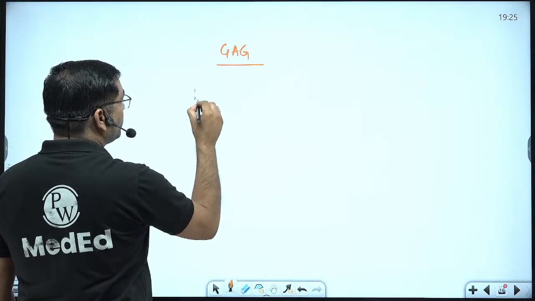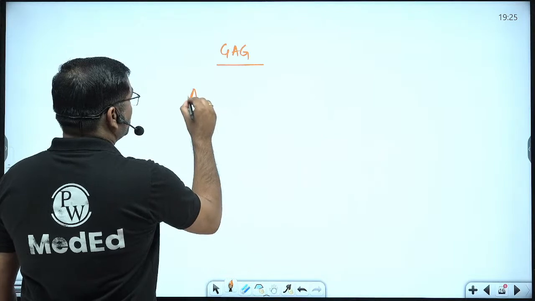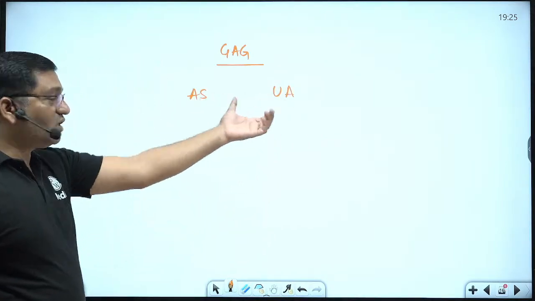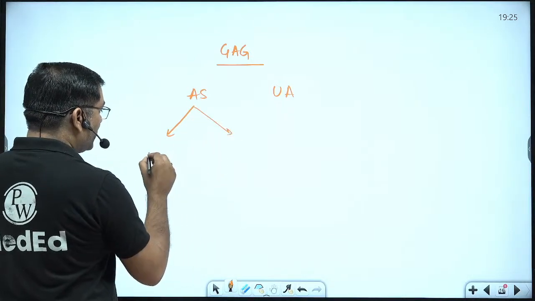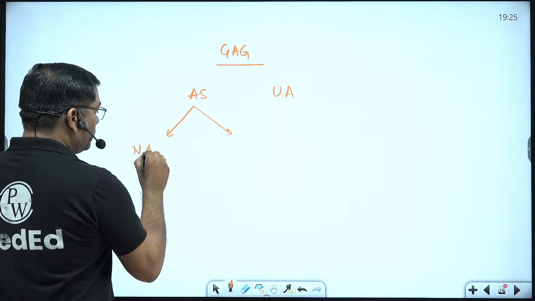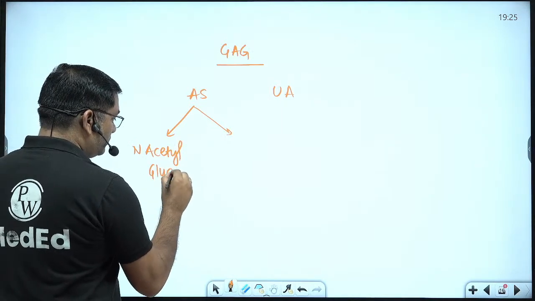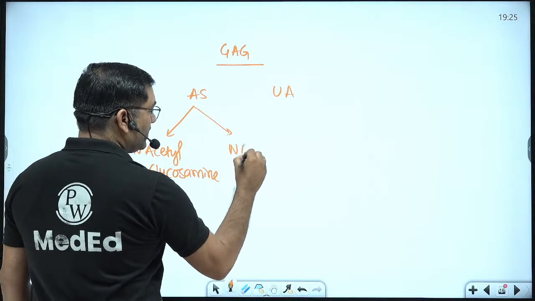They are composed of uronic acid and amino sugar. So repeating amino sugar, uronic acid. The amino sugar can be of two types, that is N-acetyl glucosamine or N-acetyl galactosamine.